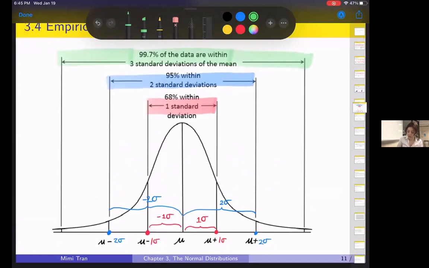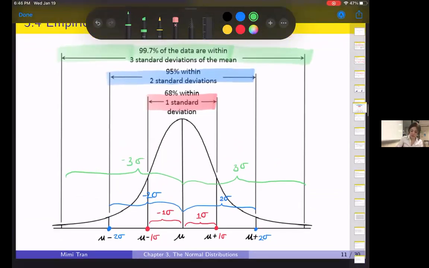From the mean all the way to the last column is 3 sigma, and over here is minus 3 sigma. So the distance to the green dots is mu plus 3 sigma, and on the left-hand side is mu minus 3 sigma.